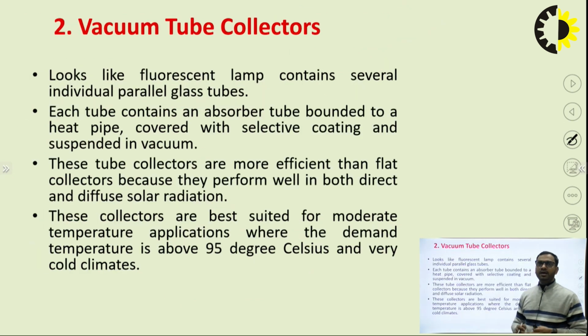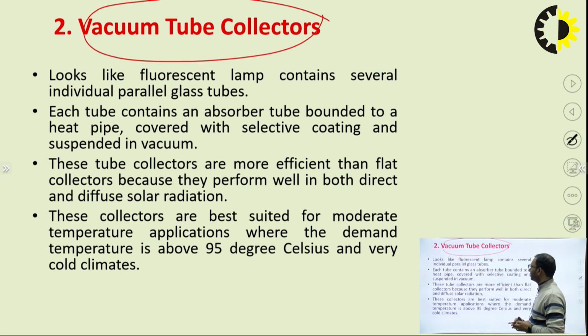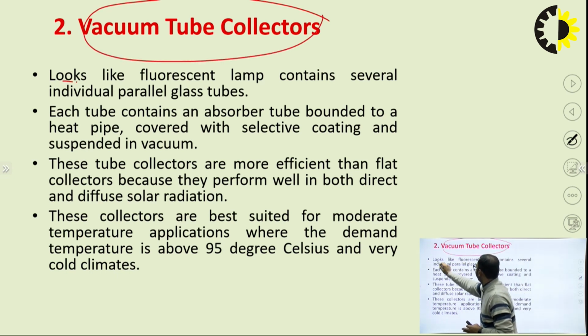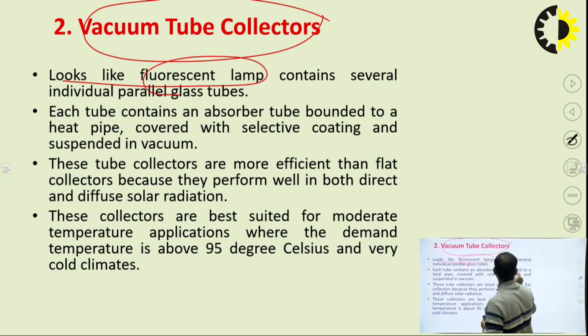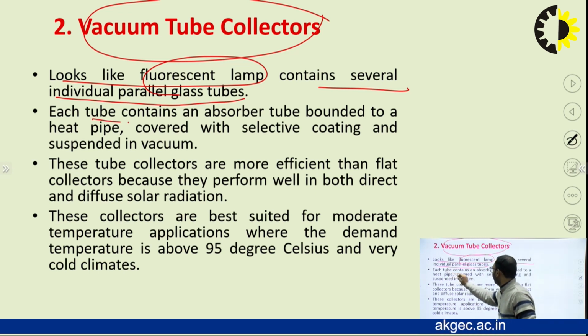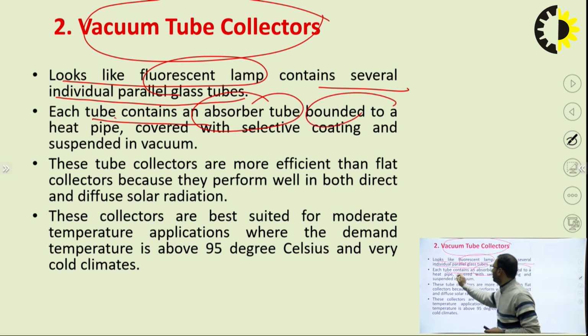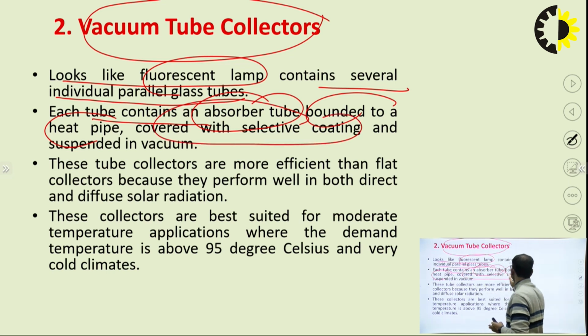The second non-concentrating type collectors are vacuum tube collectors. What is vacuum tube collectors? It looks like fluorescent lamp, contains several individual parallel glass tubes. Each tube contains an absorber tube bonded to a heat pipe which is covered with selective coating and suspended in vacuum.